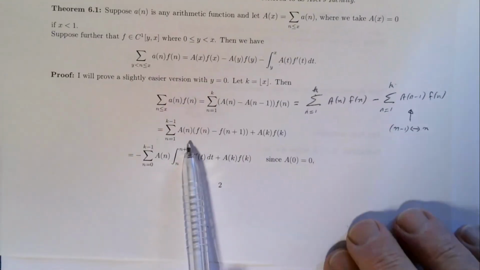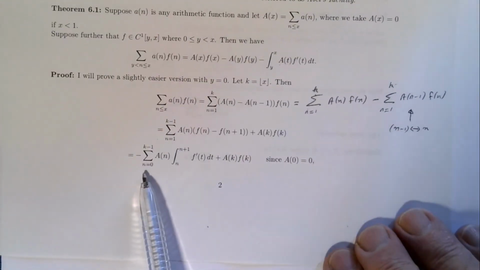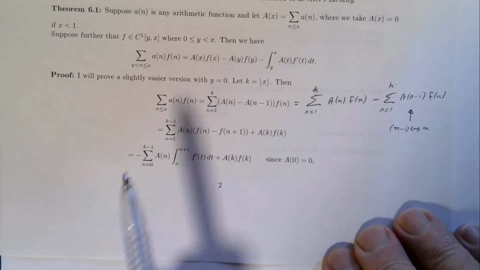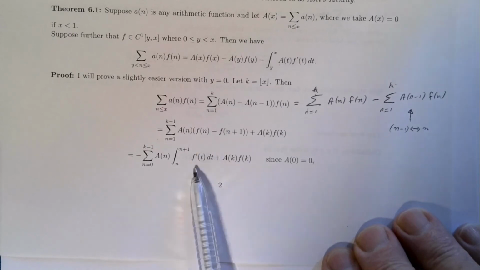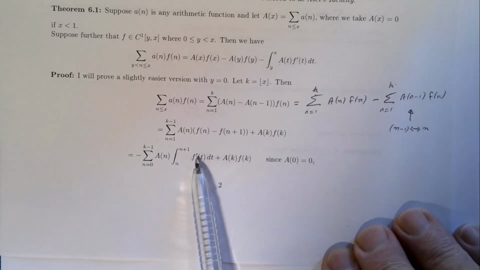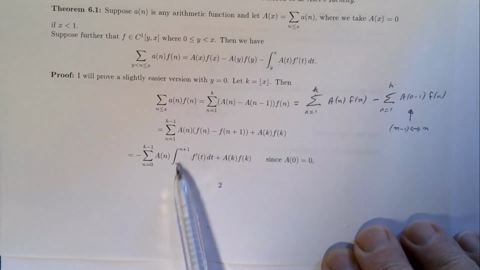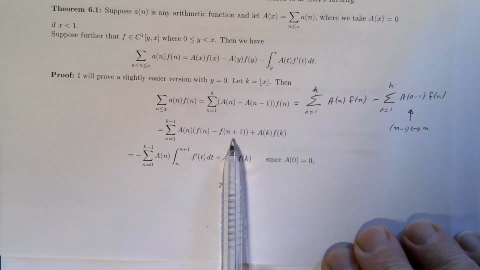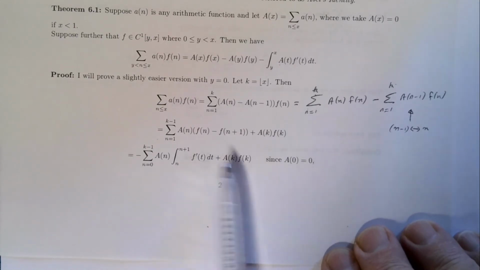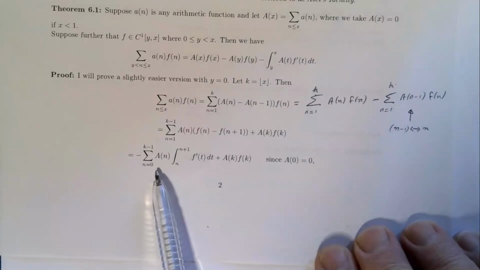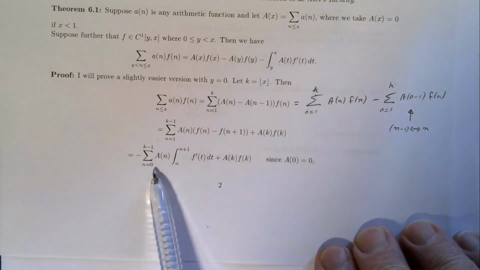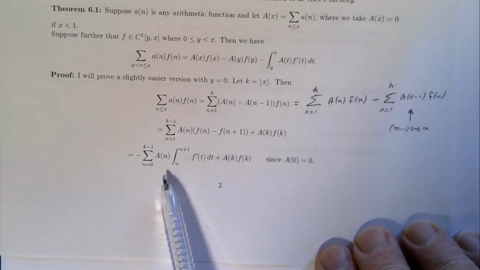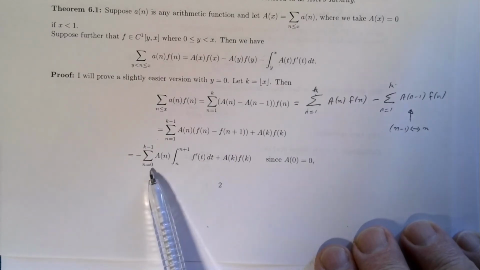And so at the next stage then I can now write this difference here as just the integral of the derivative, because if you integrate that, put in the endpoints and subtract, you get this. Copy that down, and we've still got our sum there. Noting here that A of 0 is 0. So I've added in 0 here, but of course I'm not adding in any, that extra term's going to give me 0 here.